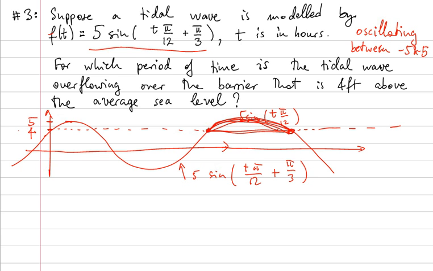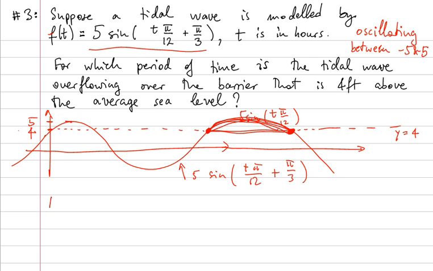So what you need to do is find the intersection of your sine graph with this horizontal line y equals 4.